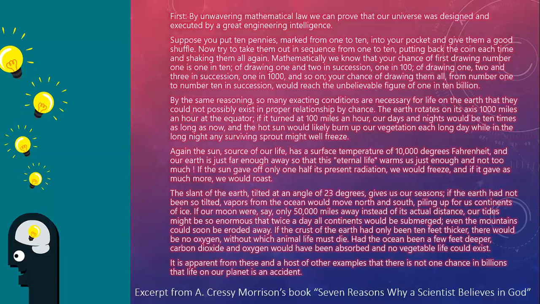So it has a surface temperature of 10,000 degrees Fahrenheit, and our Earth is just far enough away so that this eternal life warms us just enough and not too much. So he says that if the sun's heat reaching Earth is only half of its present radiation, life on Earth would freeze, meaning nothing would survive. But if there is more than its usual surface temperature, life on Earth would roast.